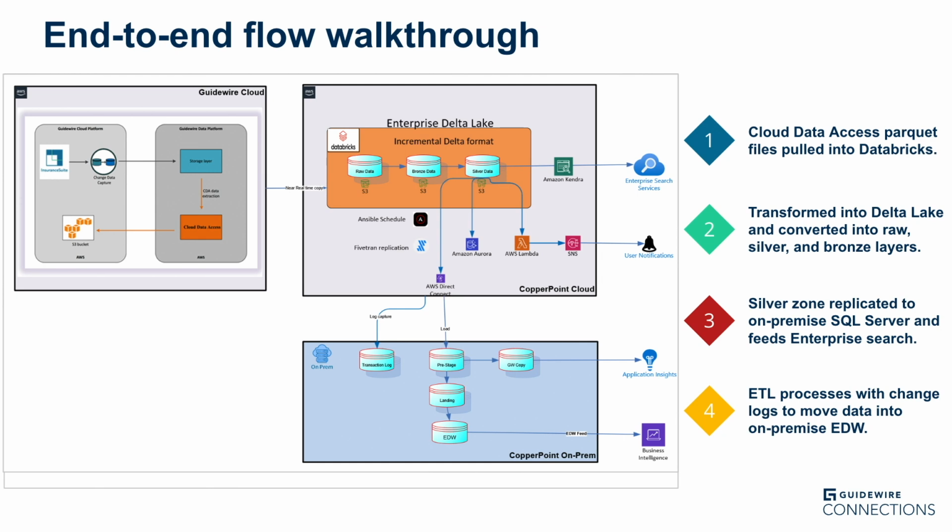Once the data reaches our on-premise environment, we have several other ETL processes that run on top of the data that comes from the silver zone. It goes to pre-stage, landing, all the way to the enterprise warehouse, and then the enterprise warehouse feeds into our enterprise BI system.